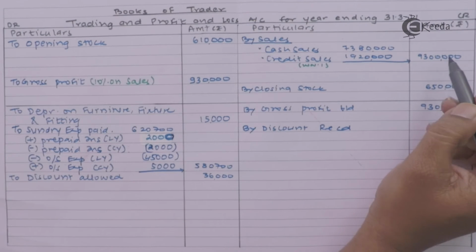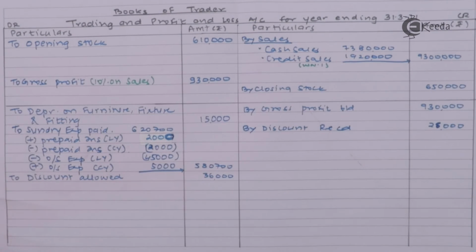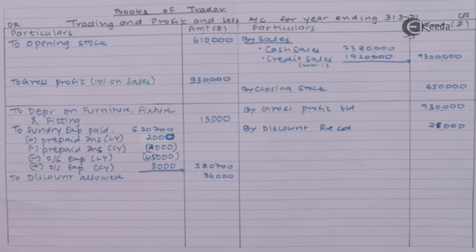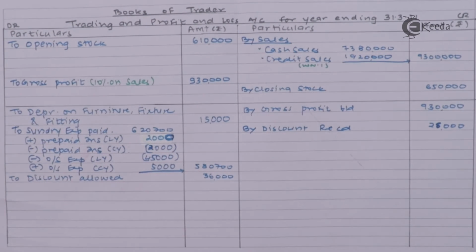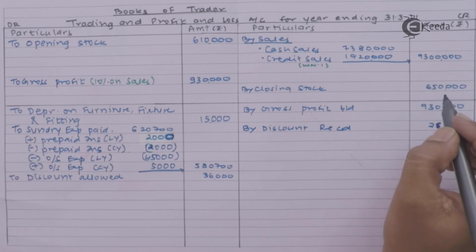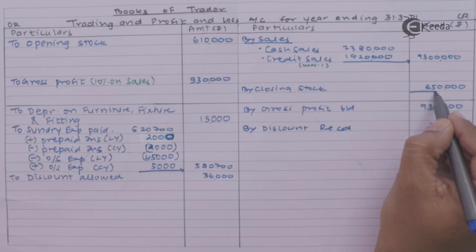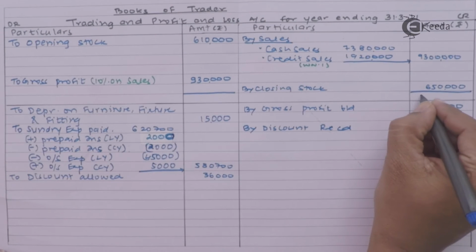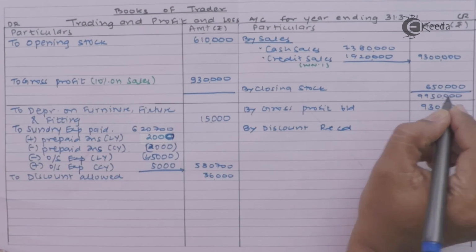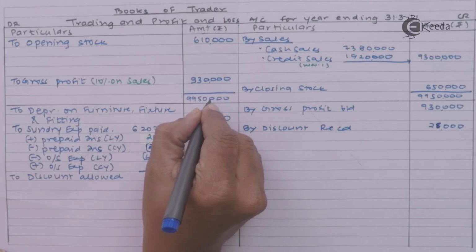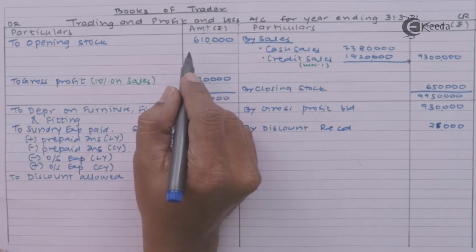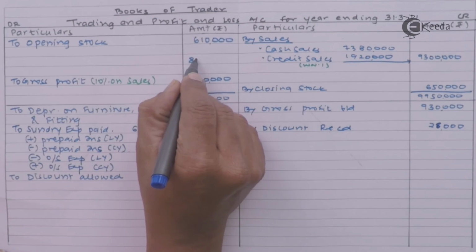Now if I look at my trading account, the credit side is complete. On the debit side there is one piece of information missing, which is credit purchase. Why am I not saying cash purchase? Because we have seen the cash book and we have not found any cash purchases anywhere. So I will close my trading account. My credit purchases will be 84,10,000.